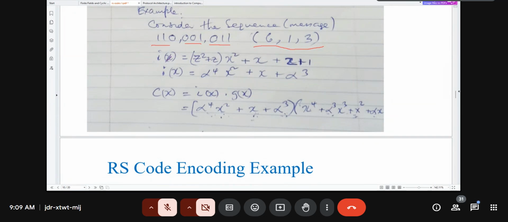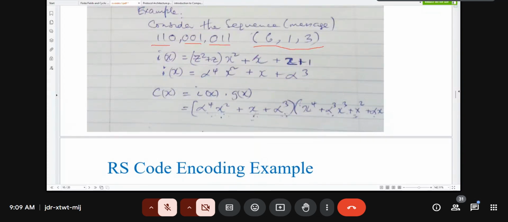So in this case, I(x) is (z squared plus z) x squared, plus x, plus z plus 1, because this last one is just 1.